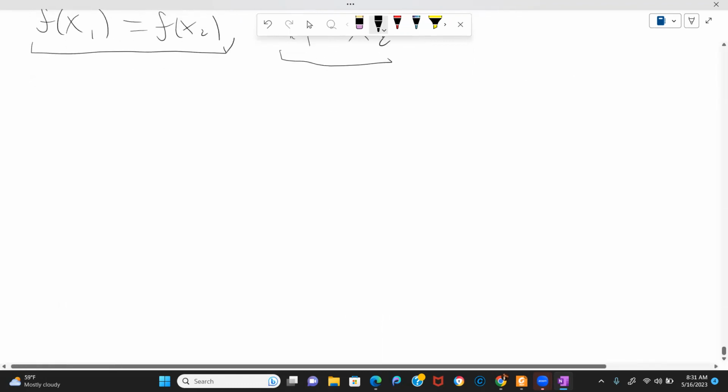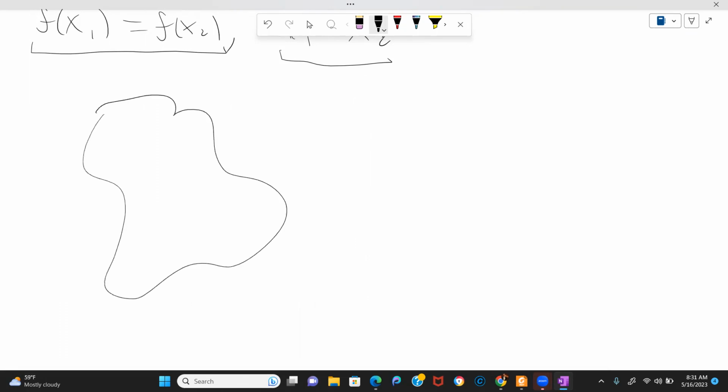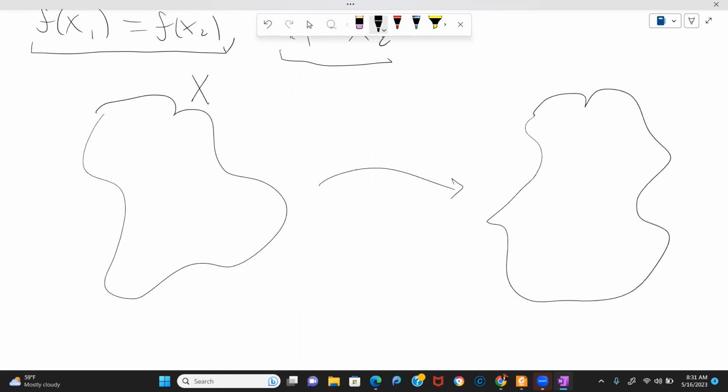And in terms of a picture, I'm going to draw two pictures. So we have some abstract space. This is X, and it maps into Y. Really, we're just going to think of X and Y as the real line or a subset of the real line.